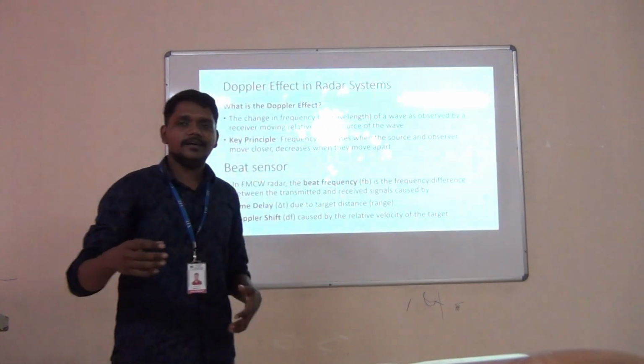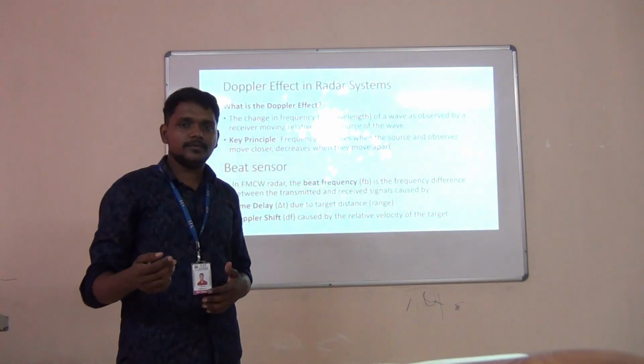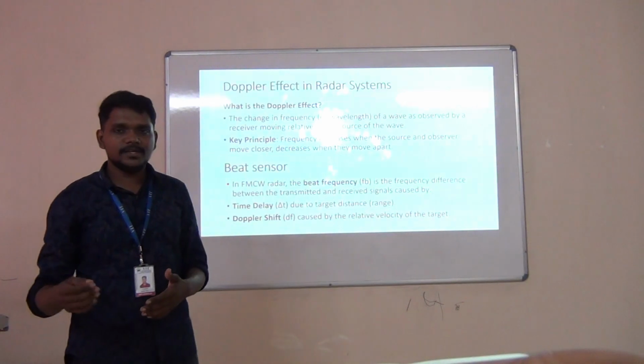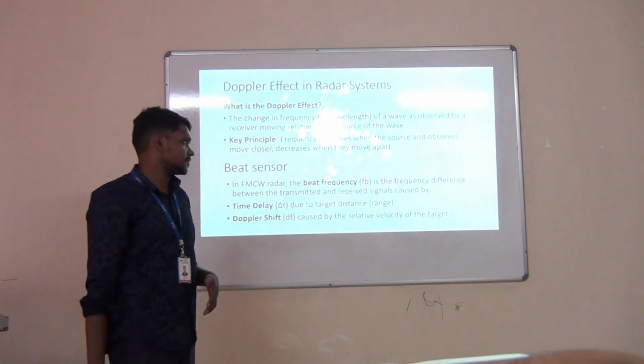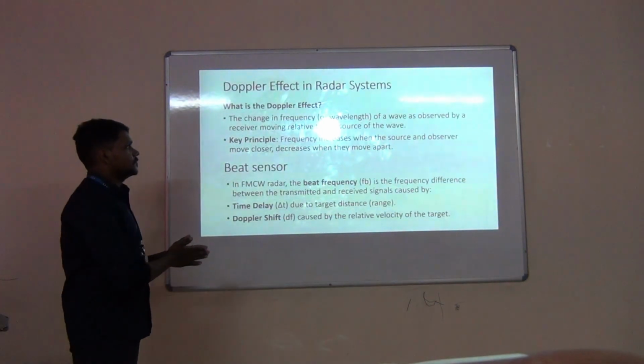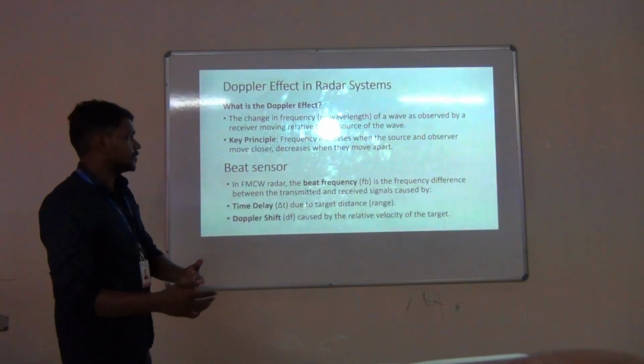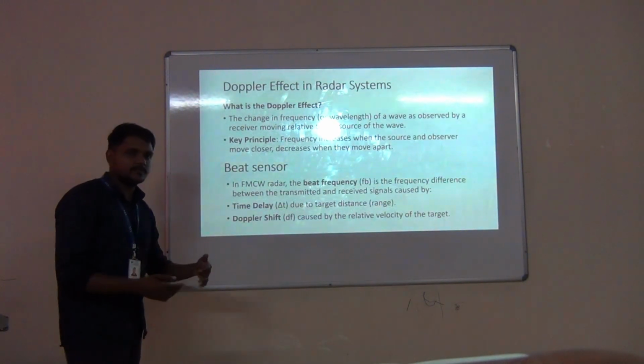You will experience the sound wave to have a different frequency relative to the receiver of it, right? So that's what the Doppler effect means. Frequency increases when the source and the observer move closer, and frequency decreases when they move apart.